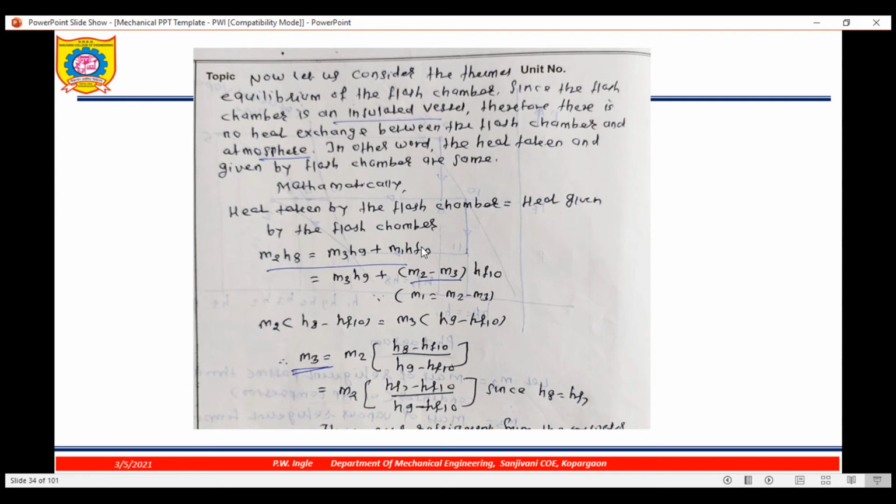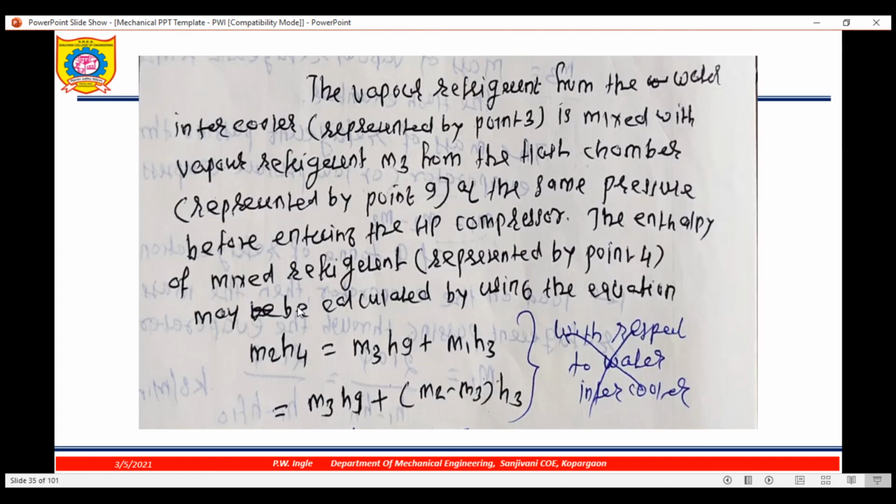Why Hf10? Because at 10 the refrigerant is in liquid condition. Okay, now M1 is what? M2 minus M3. So by rearranging the equation you get the final equation for M3 as M2 in bracket Hf7 minus Hf10 upon H9 minus Hf10.